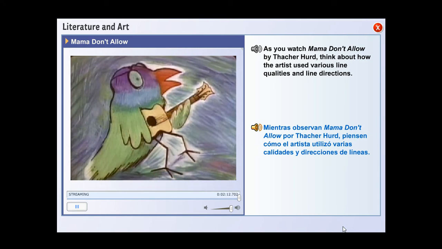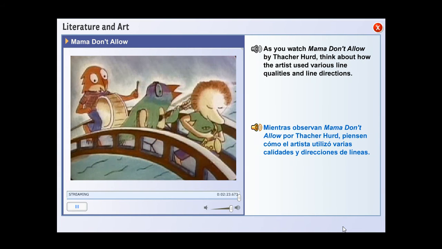Up Swamp Lane where he met a guitarist named Bert. And over Bayou Bridge where he met a trumpet player named Doc.